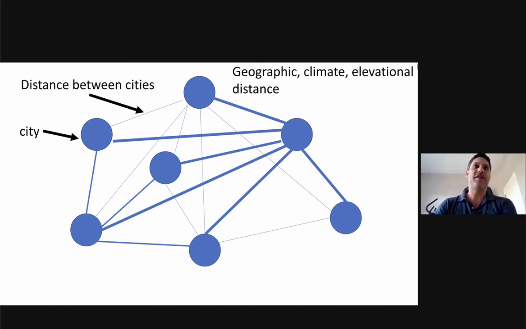Another predictor matrix might be just distance between cities. So again, we have the same network where the nodes are cities, and the edges here might just be geographic distance, climatic distance, elevational distance, and so forth, to better understand which cities are closer in these different distance attributes.